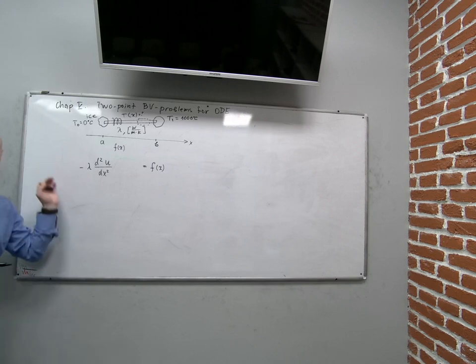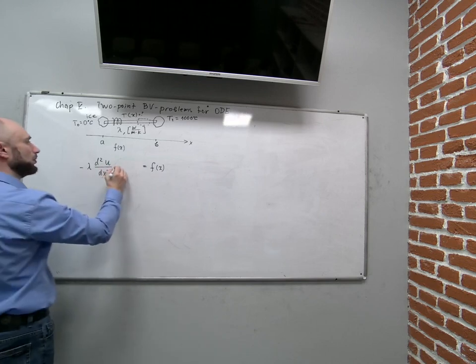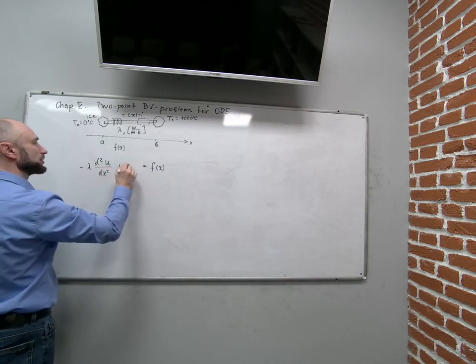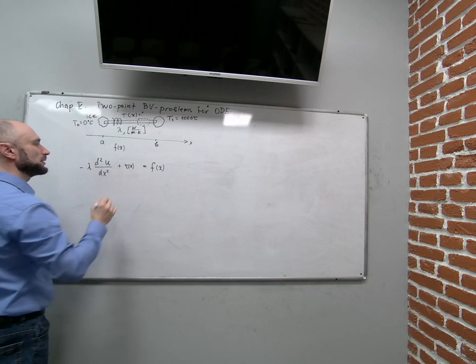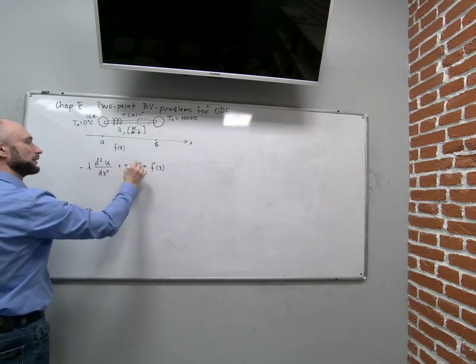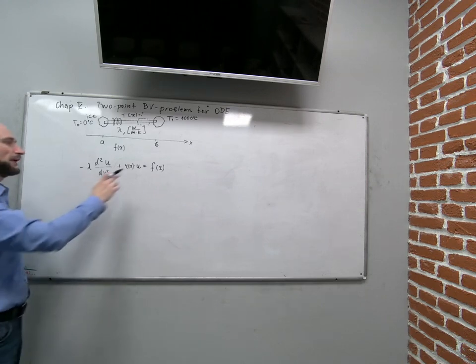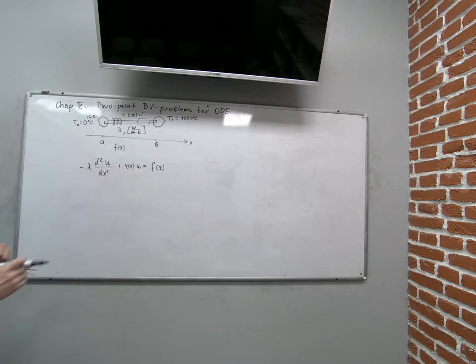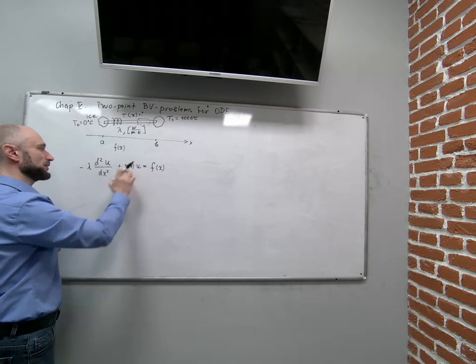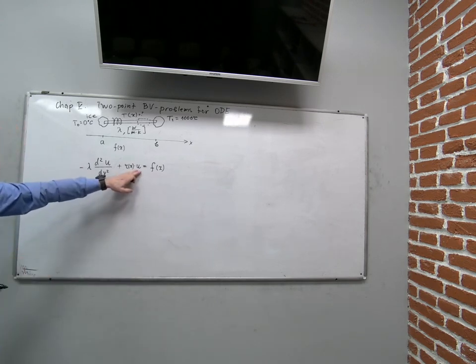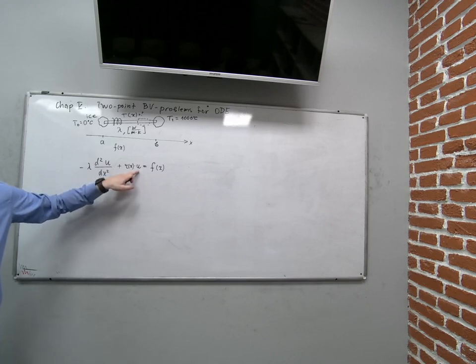Let's assume that this dependence is linear for simplicity. So in such conditions, we will need to add another term in the equation if we have a linear dependence of the heat source on temperature. And I'm writing this term on the left-hand side just because it contains an unknown function u.